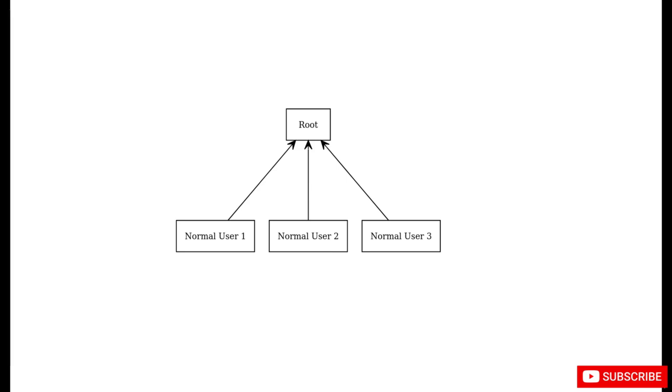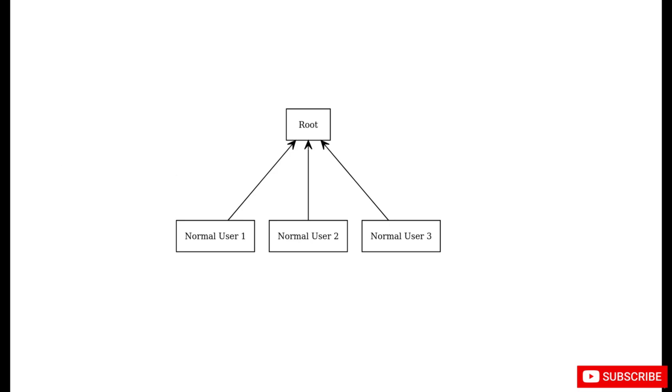So this is called privilege escalation, and this is where you attempt to gain higher privileges or access using the existing account you already have. So you already have basic access into the system, for example as normal user 1 or normal user 2. And the idea is to become the administrator of the system, which is always called root.